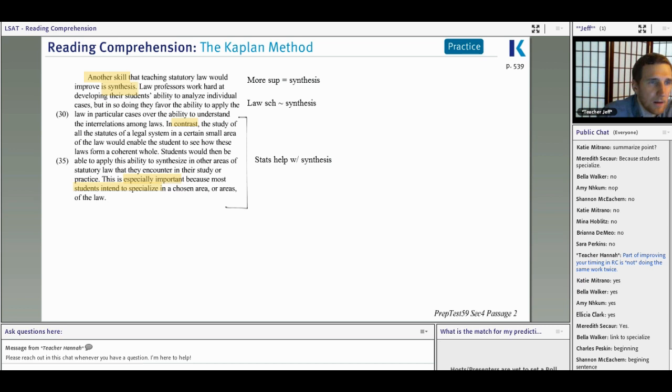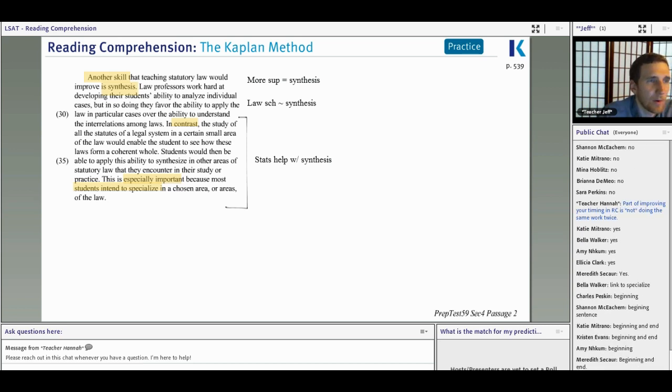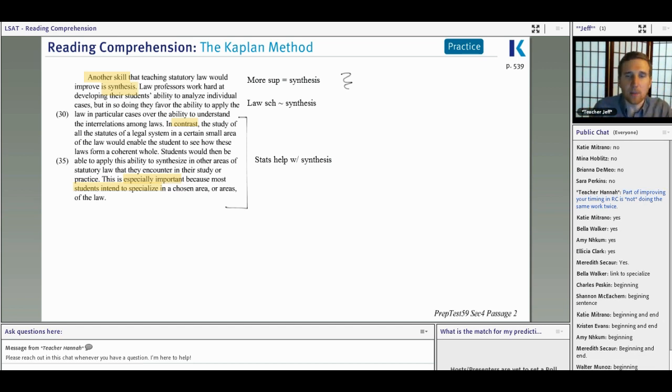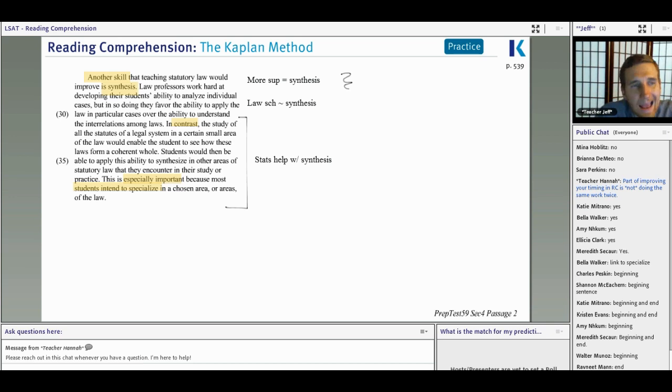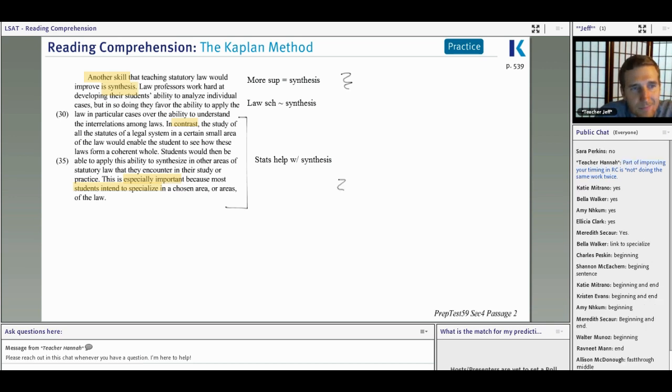Right at the beginning, a little bit, sure thing. That beginning sentence, just to make sure we're clear what this paragraph is about. We're like, oh, okay, I know now this paragraph is going to be about synthesis. And then, yeah, a little bit at the end. Maybe just a little bit down here, yep. And go really fast through this middle part. You'd see the law schools and be like, okay, author's bringing up law schools because they're doing something wrong.